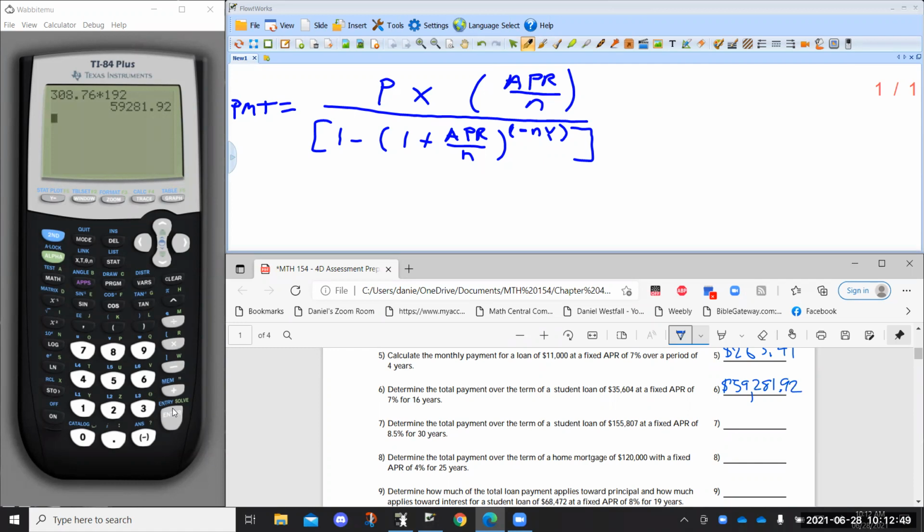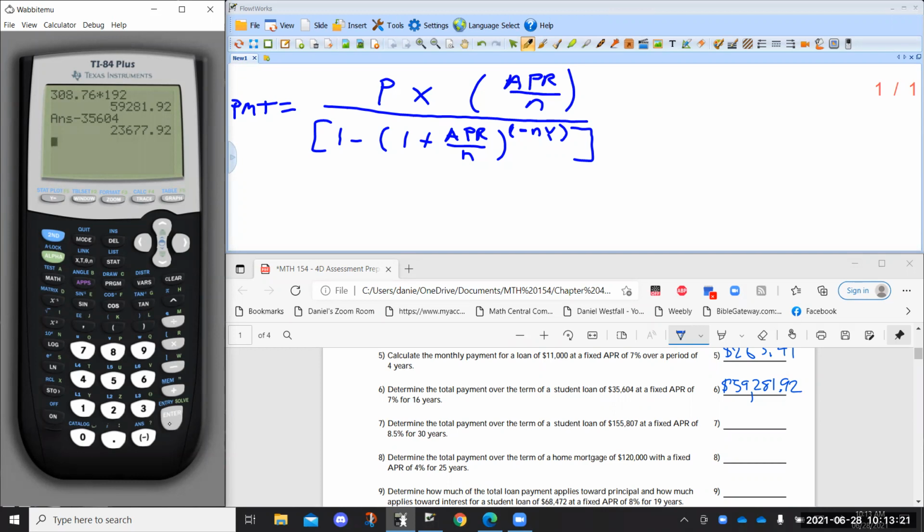You've borrowed $35,000 and you had to pay back over $59,000 because you had to pay over $23,000 in interest for the benefit of being able to borrow that money from somebody else.